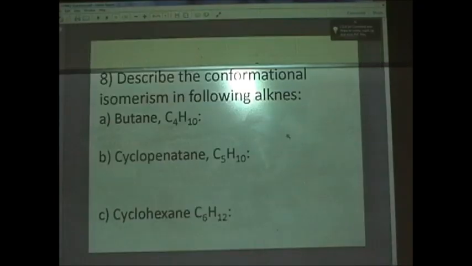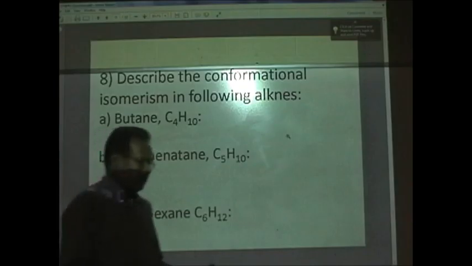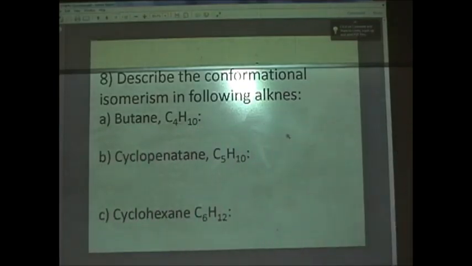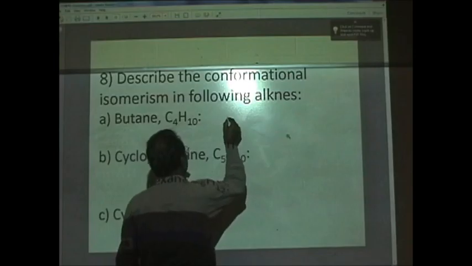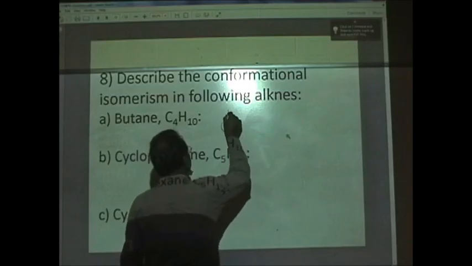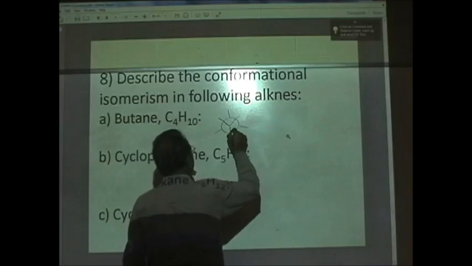Okay. Now describe the conformational isomerism in the following alkanes. What is conformational isomerism? It's coming from rotation about carbon-carbon single bonds. All right, so what did I write last time? Either this way. This is called staggered conformation.